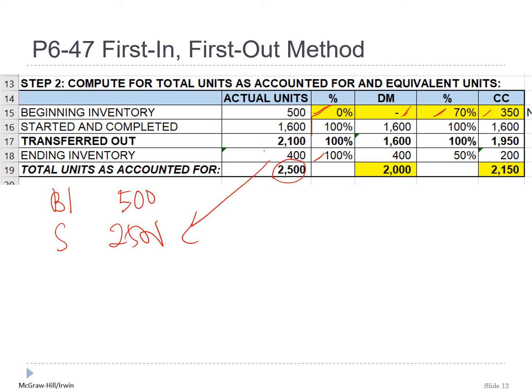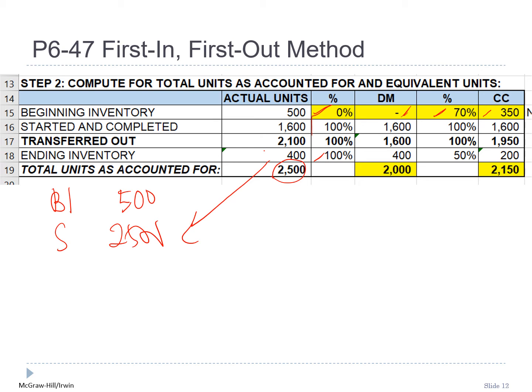So for now it stays in the ending inventory. Next month, it becomes the beginning inventory. So next month again, its percentage of completion for direct materials will be 0% again, and 50% for conversion cost, because only 50% was added this month.